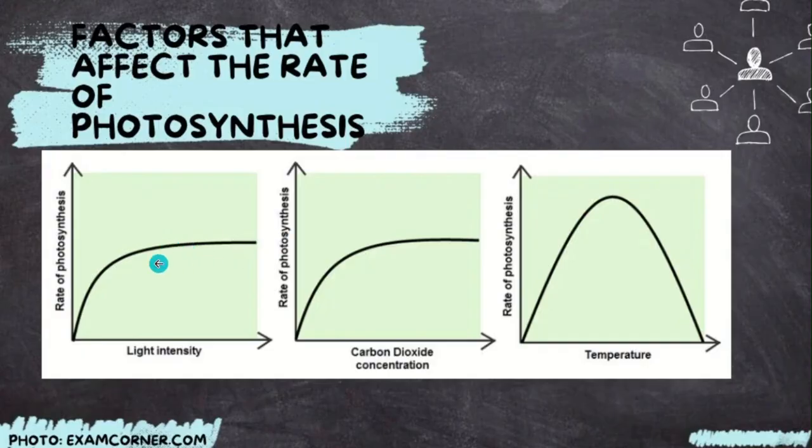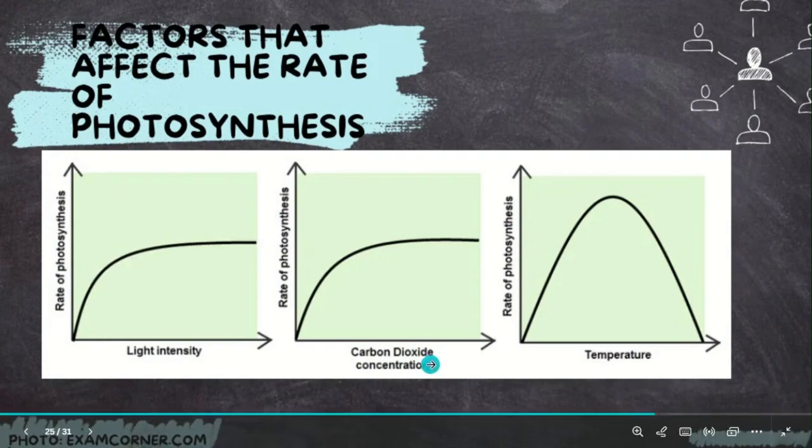That would be the point where photosynthesis cannot go any faster. This also means that something else has become the limiting factor, right? Even though it's getting enough light, it gets short on carbon dioxide or gets short on water, something else starts to limit it and it cannot increase past this rate.